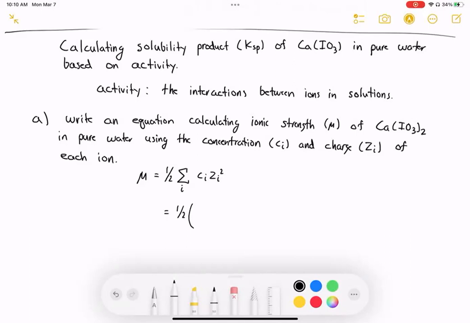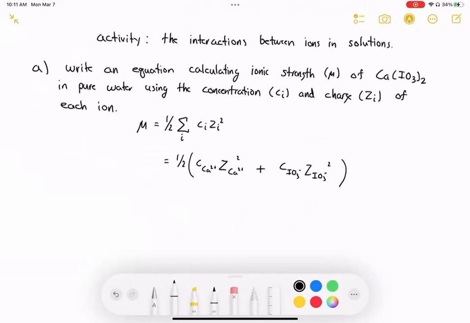So it'll be the concentration of the calcium 2 plus ion times the charge of the calcium 2 plus ion squared plus the concentration of IO3 minus times the charge of the IO3 minus ion squared. Okay, and we take 1/2 of that and we'll get our answer.